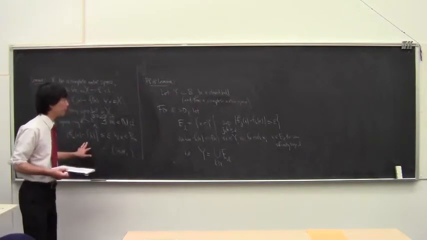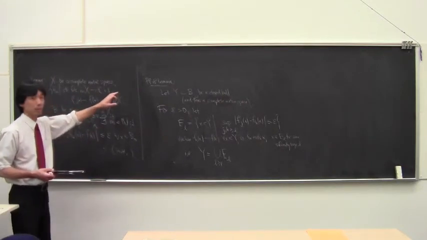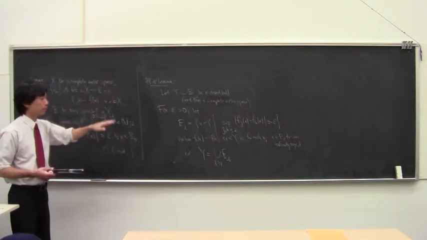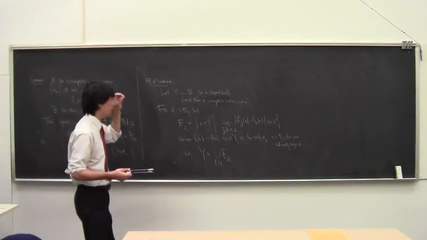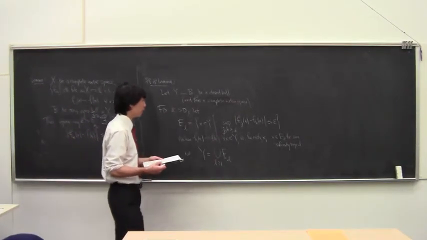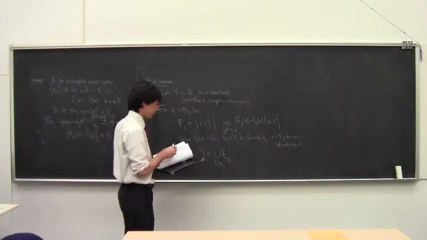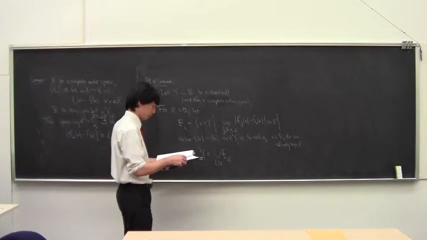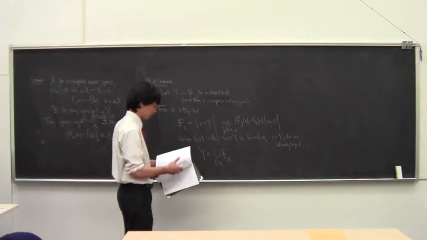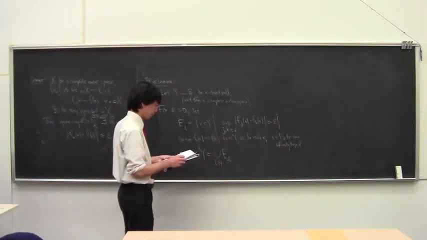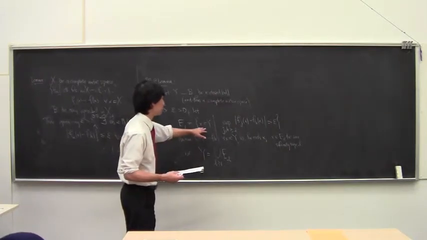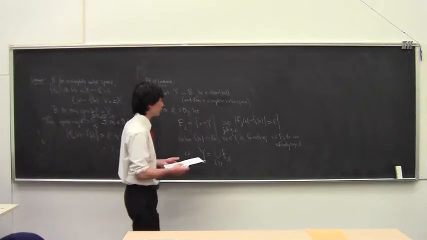Now we use the Baire category theorem, right? Y is a complete metric space. And notice that each of these things is closed.